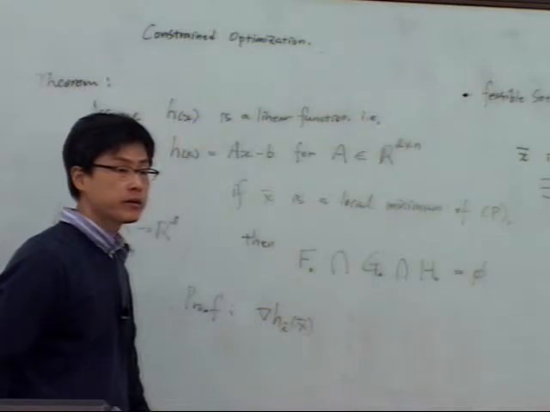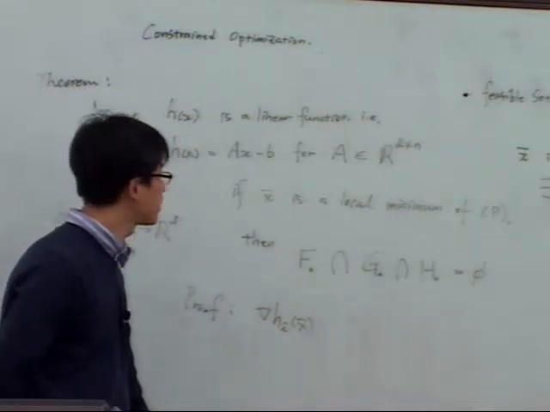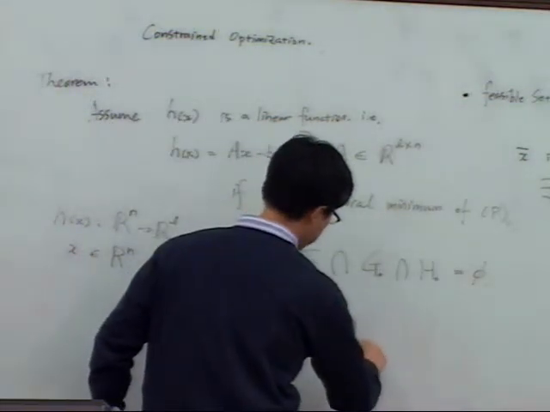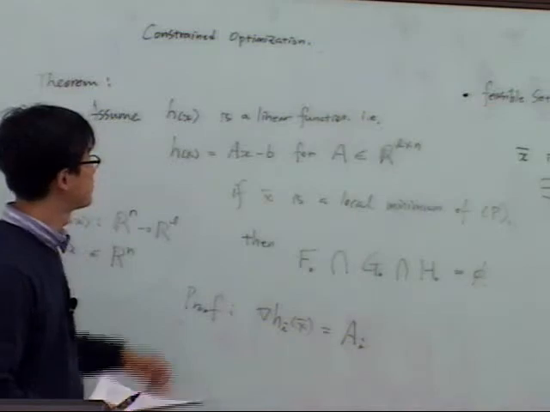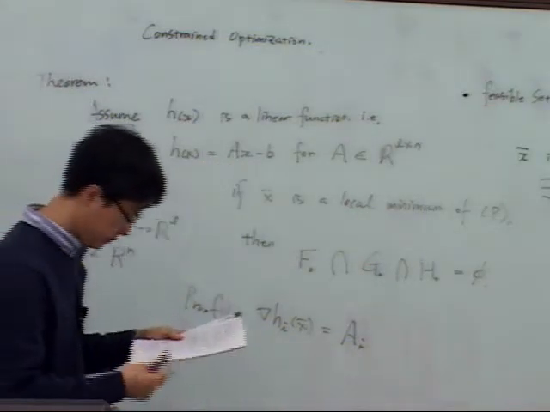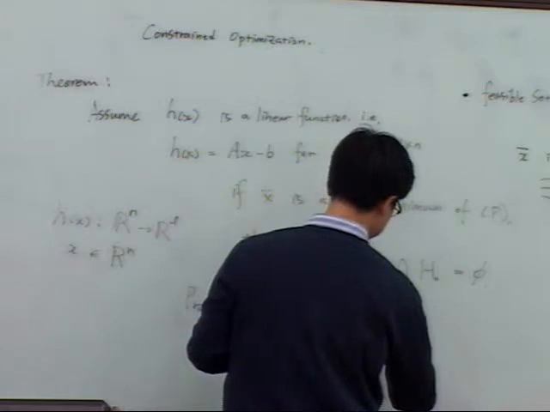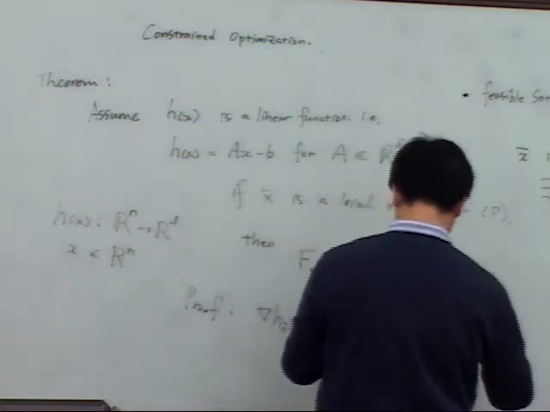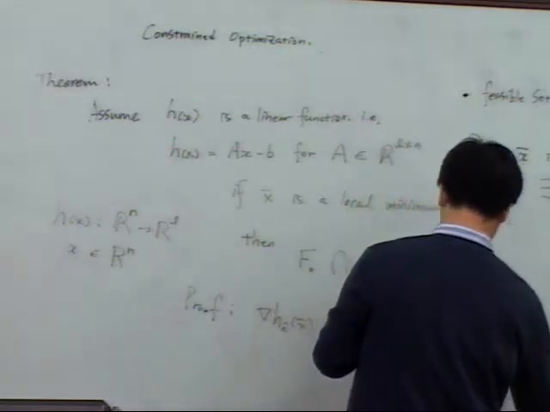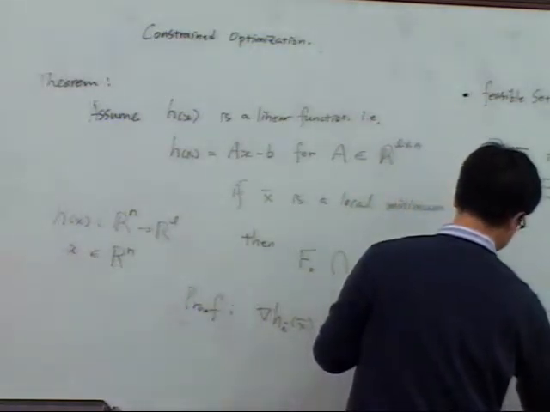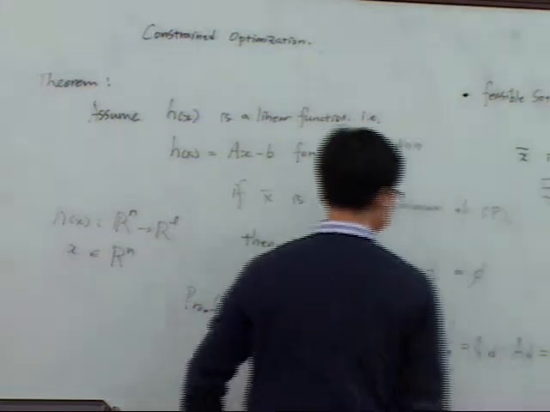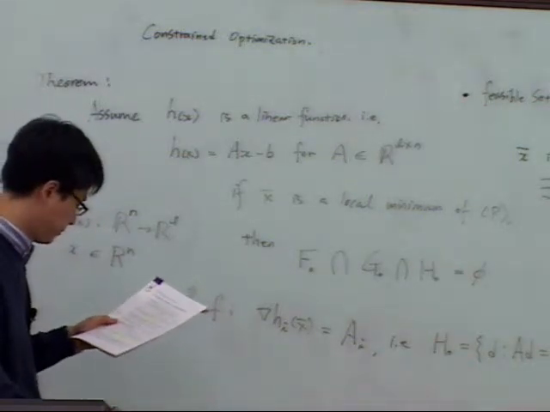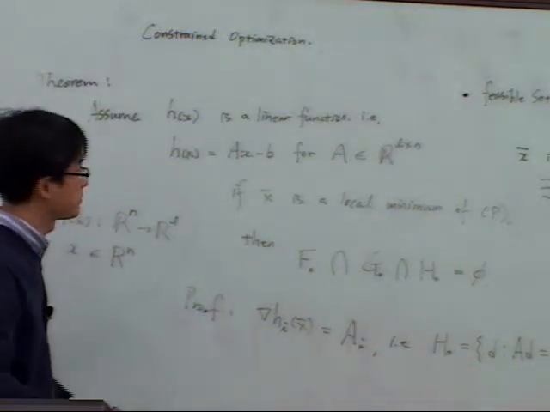At x bar, the gradient of h sub i is a_i. Based on that fact, h sub 0 is, right?